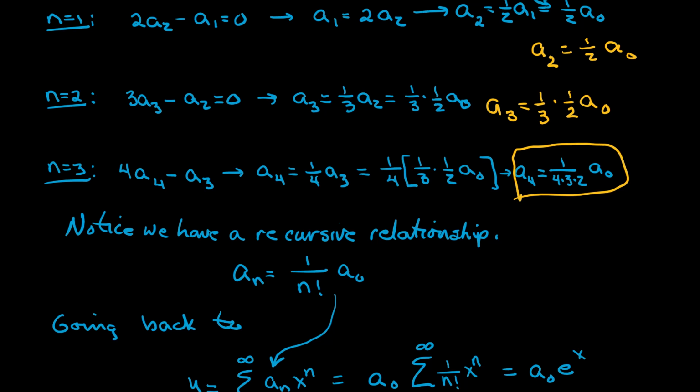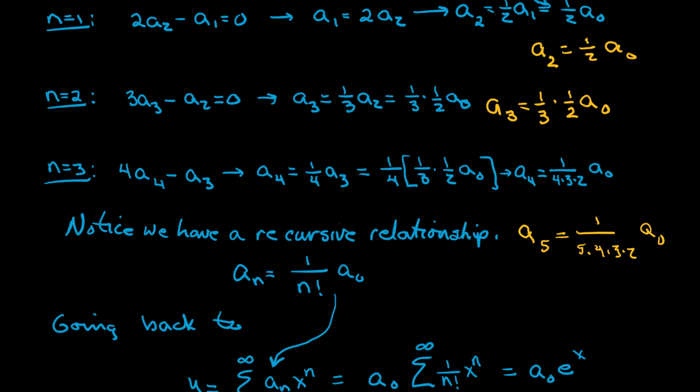And I think you're seeing a pattern here. I hope you're seeing a pattern here. We could quickly write down that a sub 5 is going to be 1/5 times 4 times 3 times 2 times 1 a sub 0.